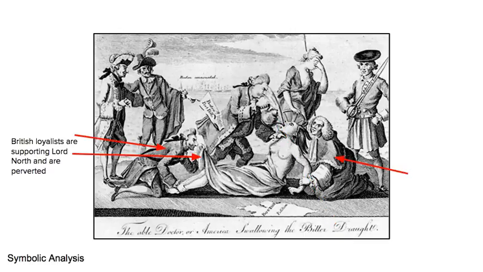Other things that we've noticed that we need to unpack symbolically is that there are two other British men kneeling, holding down America, and they are obviously British loyalists because they are wearing similar clothing to Lord North. The one on the right looks like he might be a judge, where the one on the left looks like he's a parliamentarian.